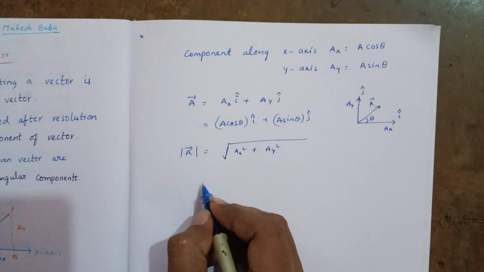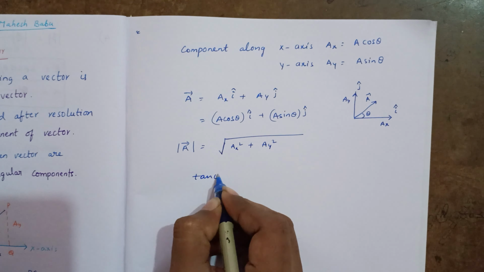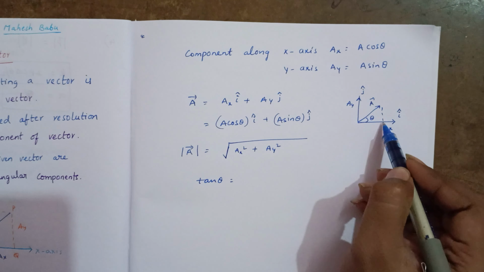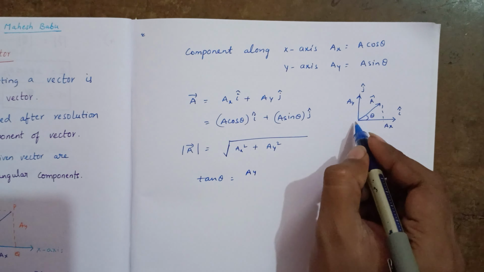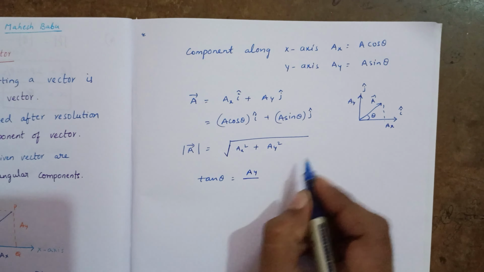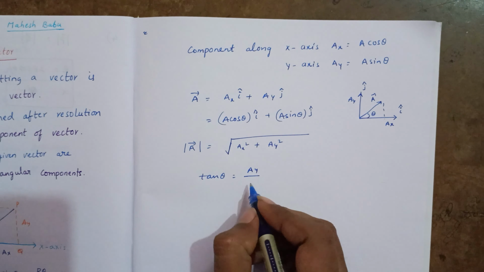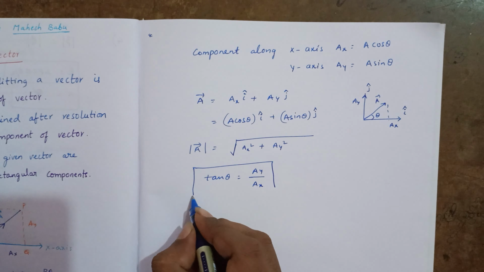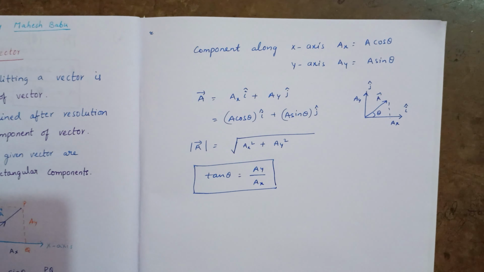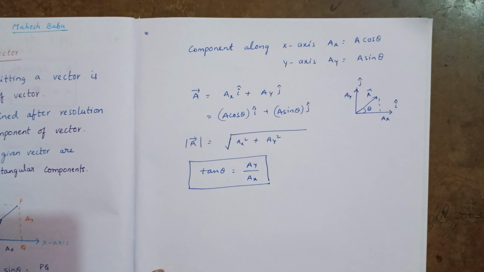And tan theta equals opposite side AY, parallel to the y axis, by adjacent side AX. Tan theta equals AY by AX, giving magnitude and direction.